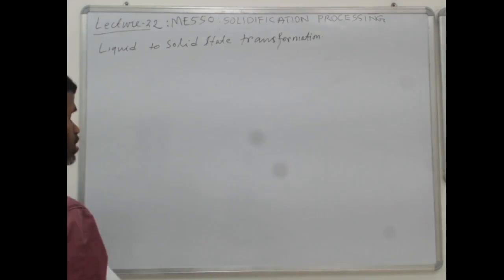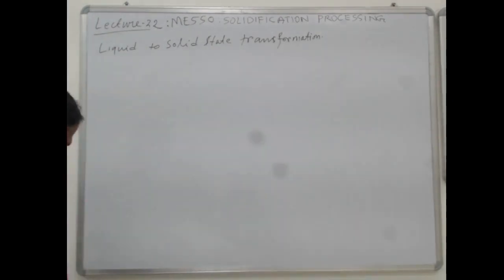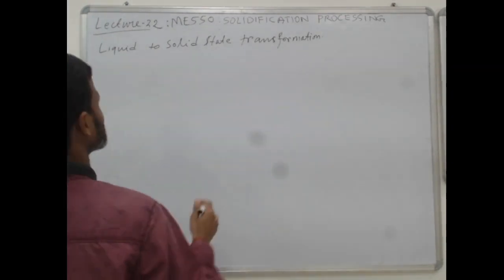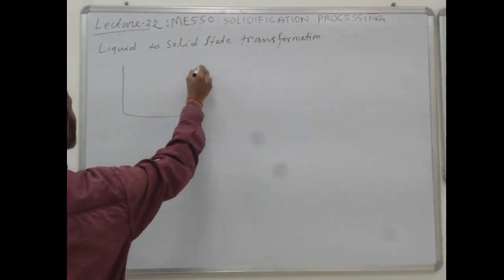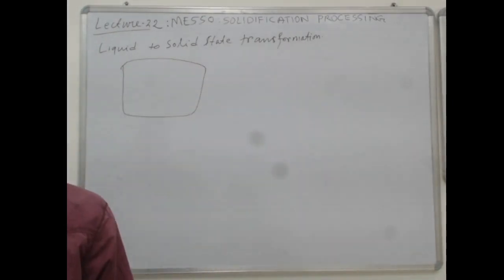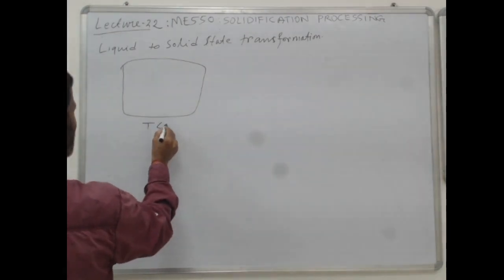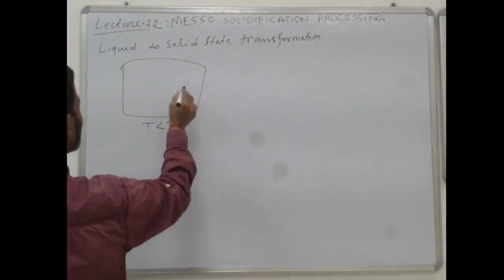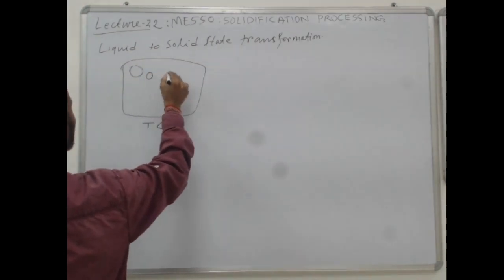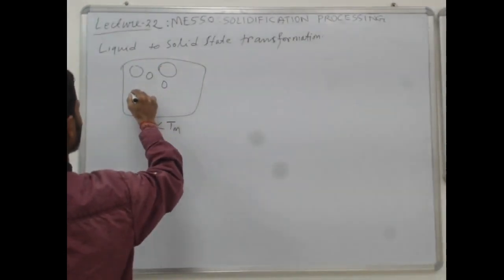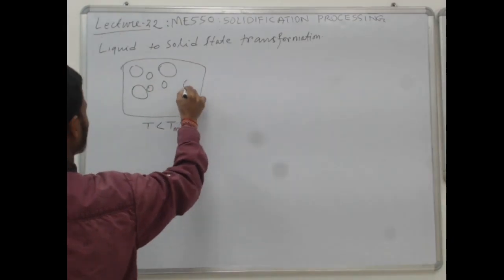So we have discussed the different theories, like what happens in liquid to solid state transformation. Suppose you have a liquid, there are a large number of atoms, so if your temperature is less than the melting temperature, there will be a lot of thermal agitations and you will get a large number of clusters of different, variable sizes.